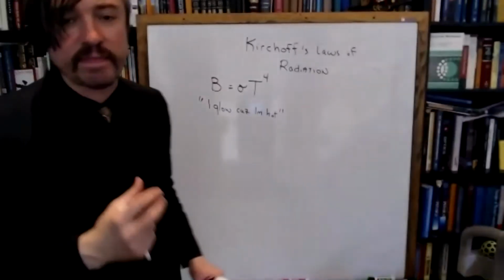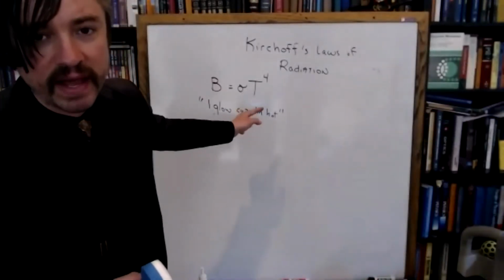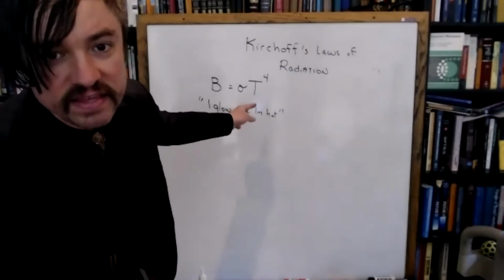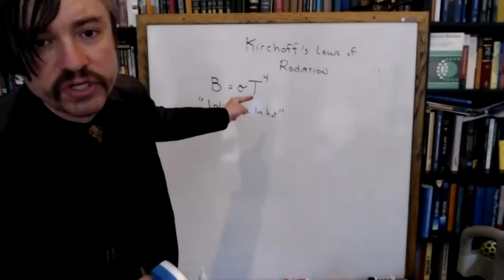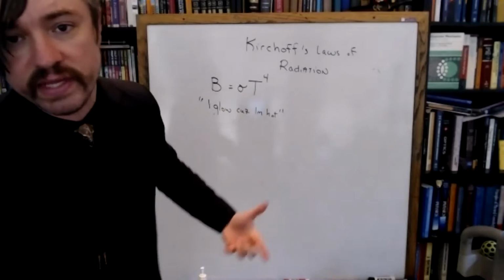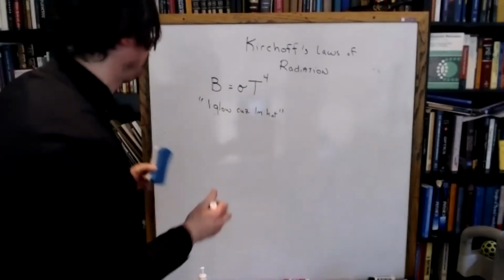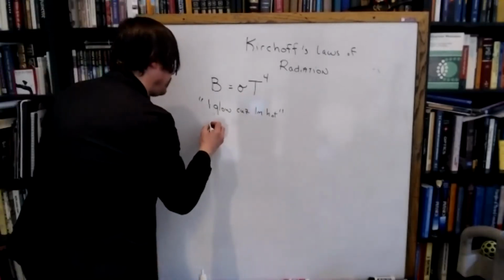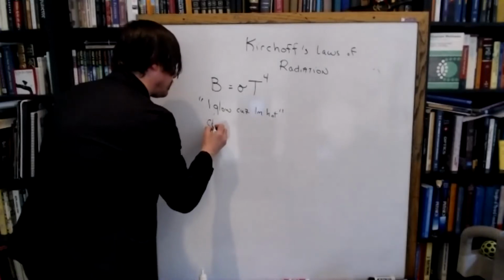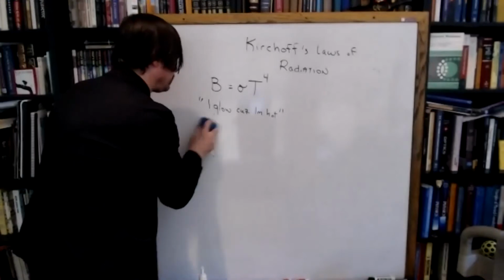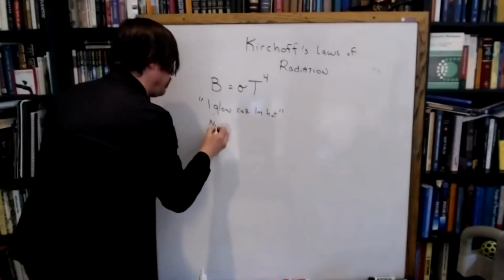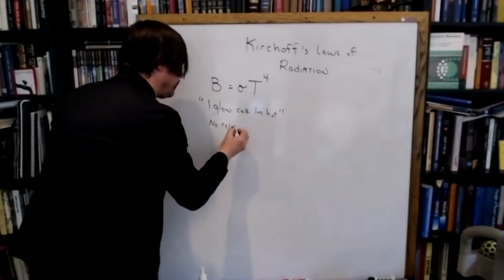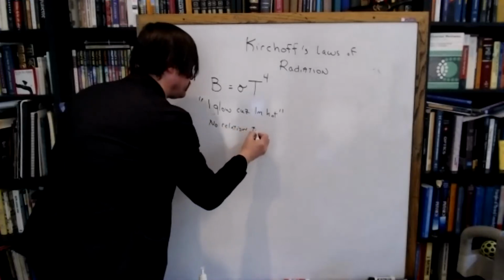The key concept behind black bodies is that black bodies, or hot, dense thingies, glow due to temperature alone, and it has no relationship to their chemical composition. So chemical, let's just say, no relation to composition.